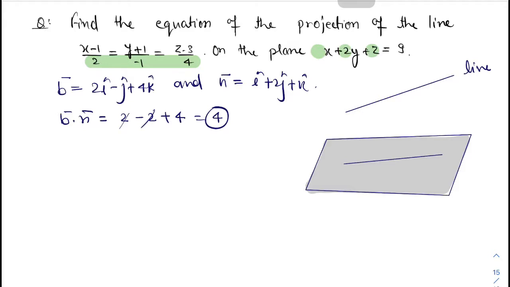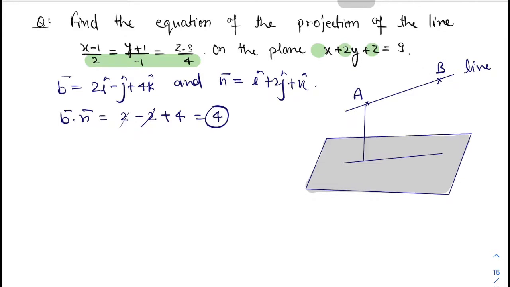We can do it by this: just take any 2 points on the given line, and drop the perpendicular from these 2 points on the given plane. Let these points be A dash and B dash.